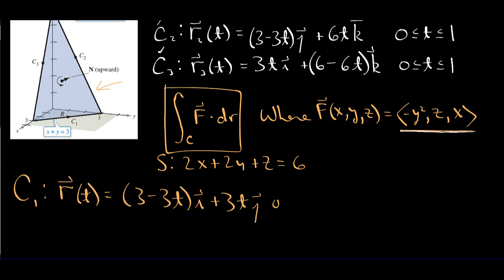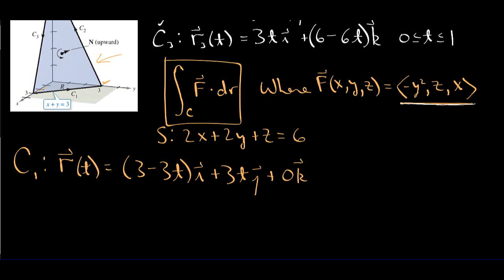I didn't put that in originally, but you could say plus 0k. And t goes from 0 to 1. Now, you'll notice when t is 0, I get the point 3, 0, which is this point right here. And when t is 1, I get 0, 3, which is that point right there. So that is a good parameterization for that curve.